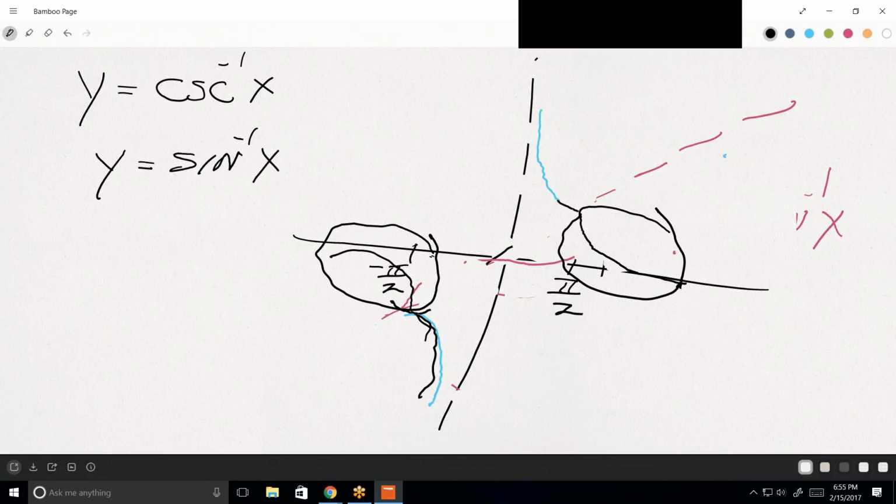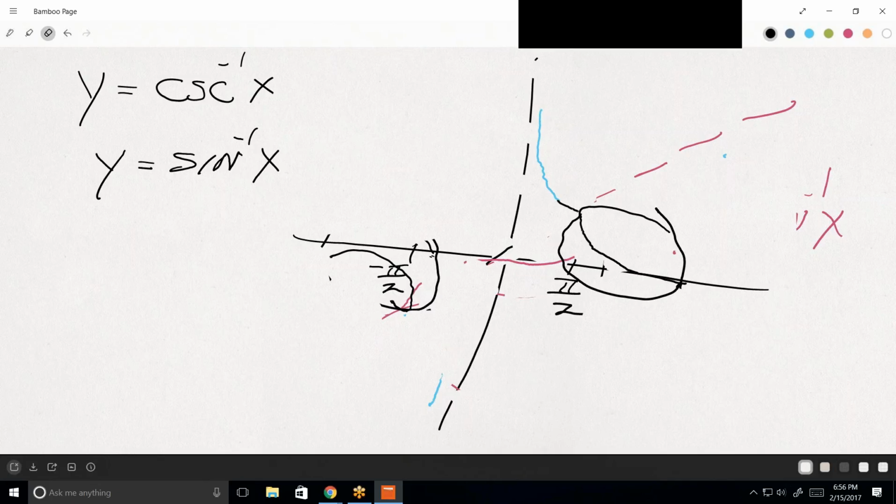So the question is, how would I draw a second period of this? I'm not sure how to answer that because I've never done it. I don't think they're going to ask you to do it. I hope not. Is it possible with the restricted domain then?